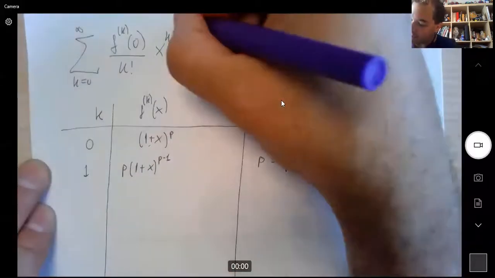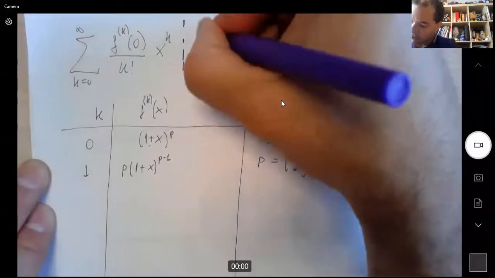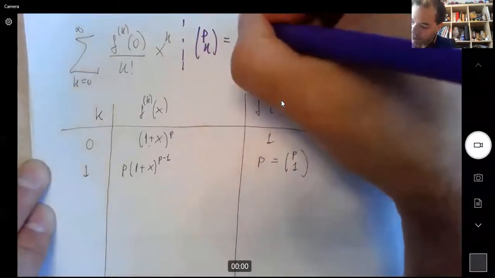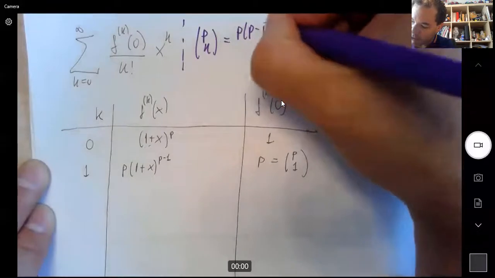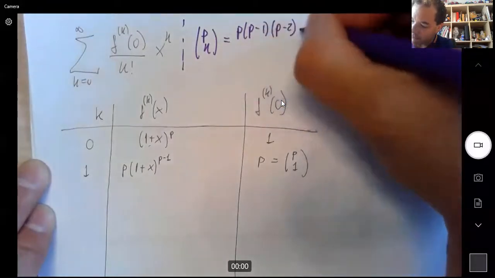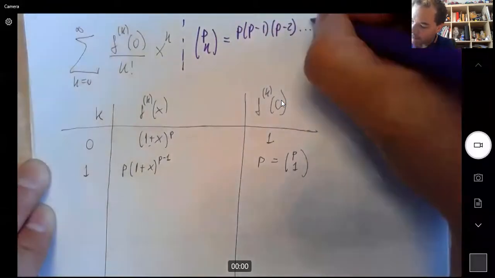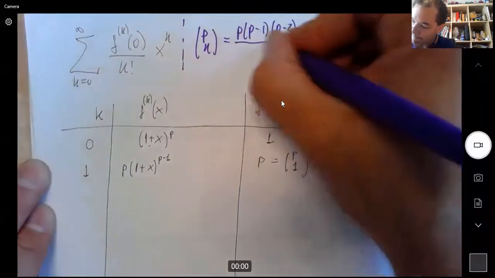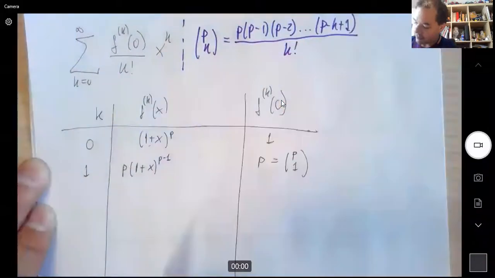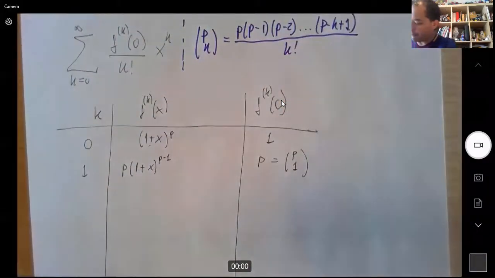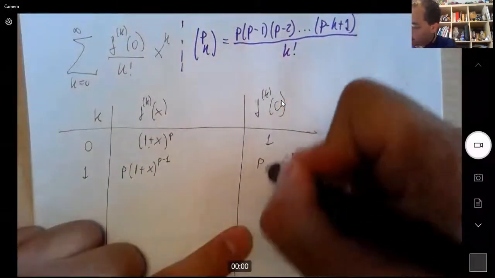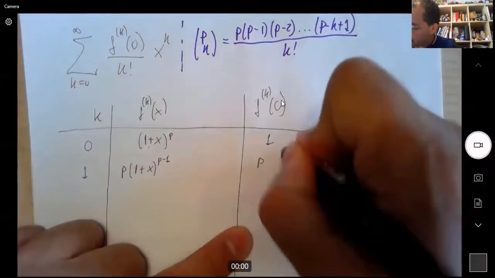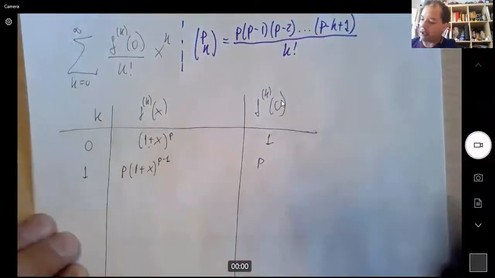So here's the definition. p choose k is p(p - 1)(p - 2)...(p - k + 1) over k factorial. So my bad, this is actually p choose 1, but I don't want it just yet. Let's wait for that.